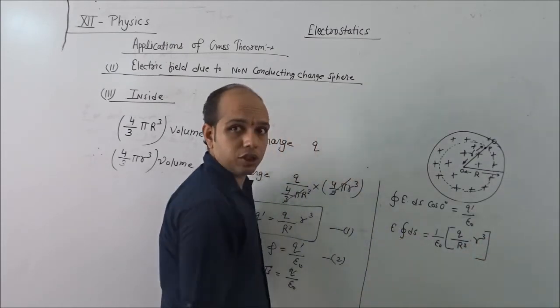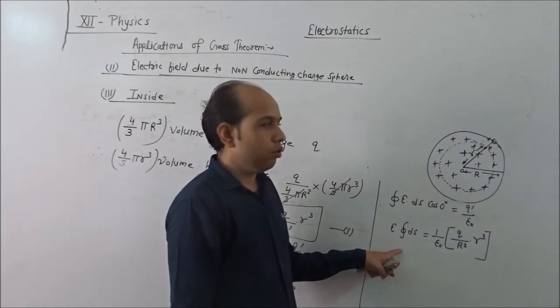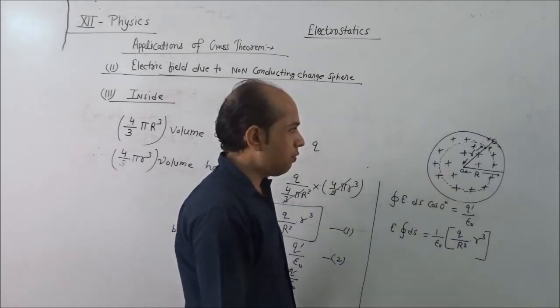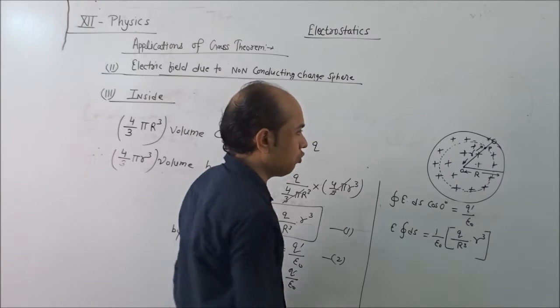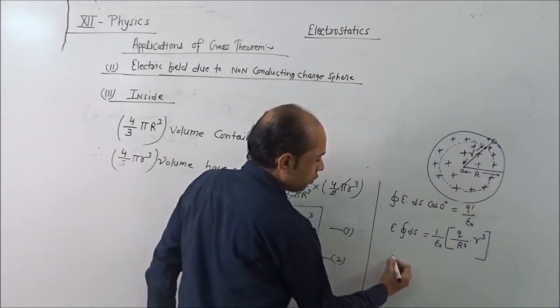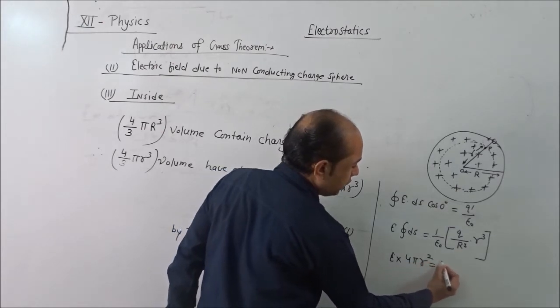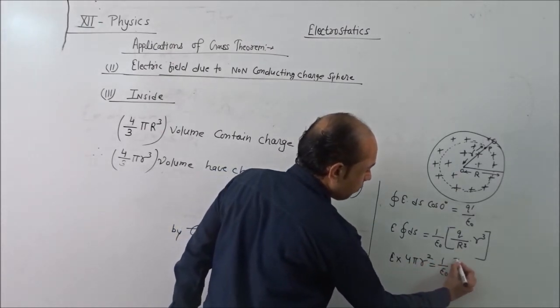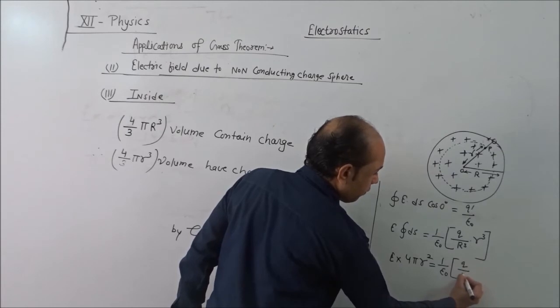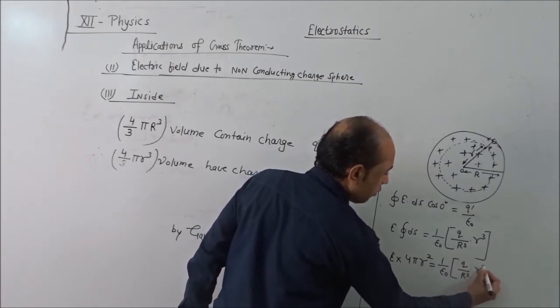So I am writing q upon R cube, small r cube, and again integration of ds. Integration of ds means 4 pi r square for the small sphere. So E into 4 pi r square equals 1 upon epsilon naught, q upon R cube, small r cube.